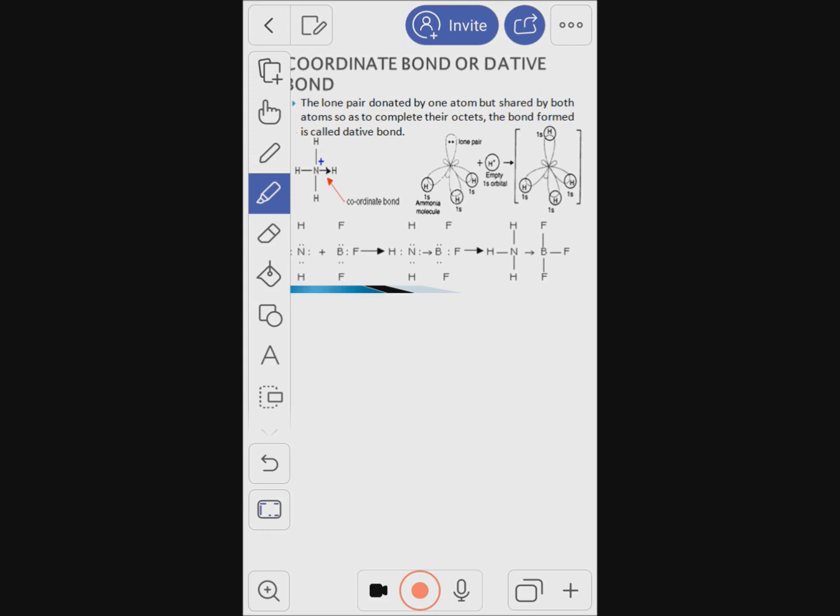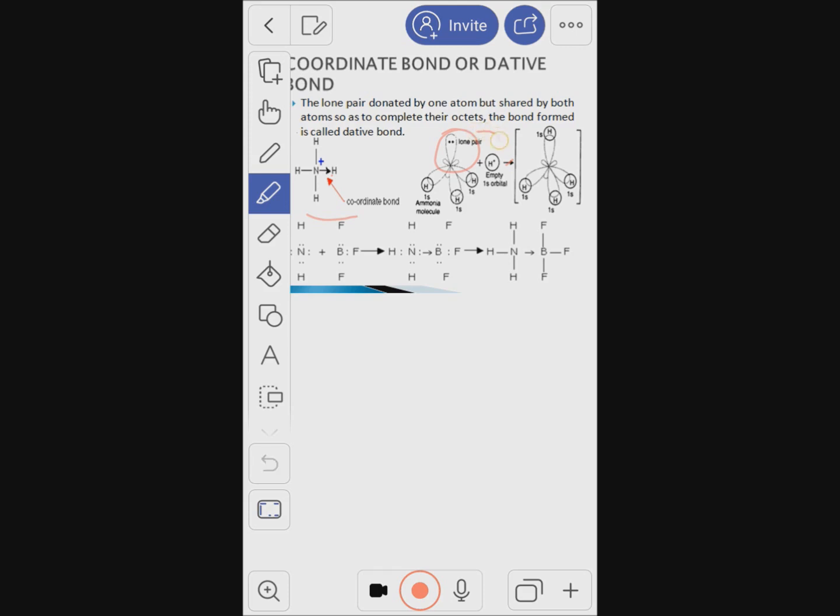For example, as in case of ammonium ion, NH3 is the ammonia which has one lone pair of electrons. As you can see in the orbital picture, it is a lone pair of electrons on nitrogen, and this is the 1s empty atomic orbital of H positive.